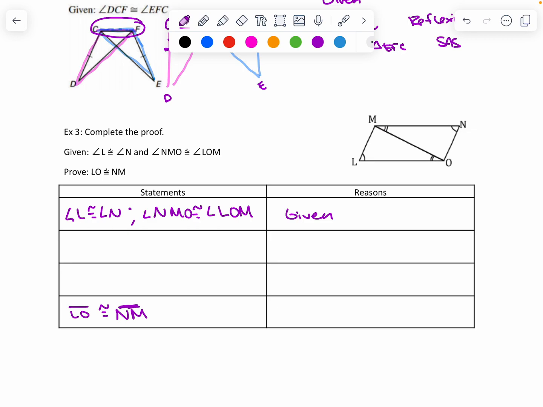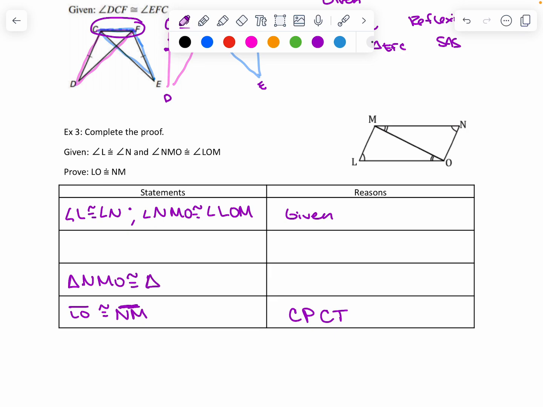So I know automatically that my reason is corresponding parts congruence theorem, CPCT. I know that automatically because you're proving a part congruent. And if you're proving a part congruent, the line right above it has to be that the two triangles are congruent.